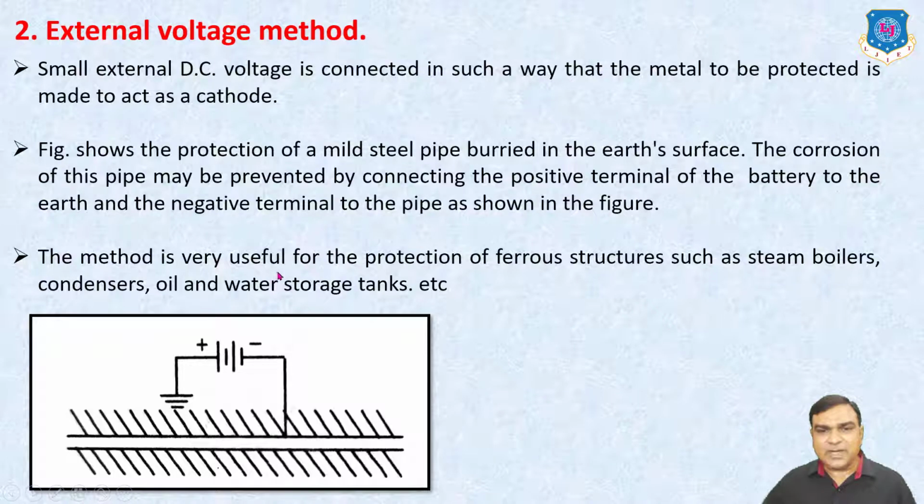The method is very useful for protection of ferrous structures such as steam boilers, condensers, oil and water storage tanks, etc. So this is about the external voltage method, and today we discussed the important methods of prevention against corrosion.